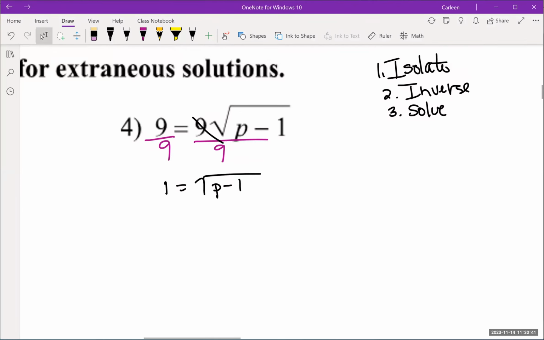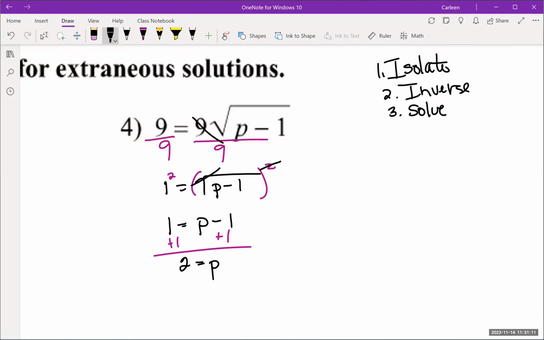Next step is inverse. What do I do to both sides? Square both sides. 1 squared is 1. Square root cancels squared. And then we're going to add 1 to both sides. P is equal to 2. And I like to lead with my variable.